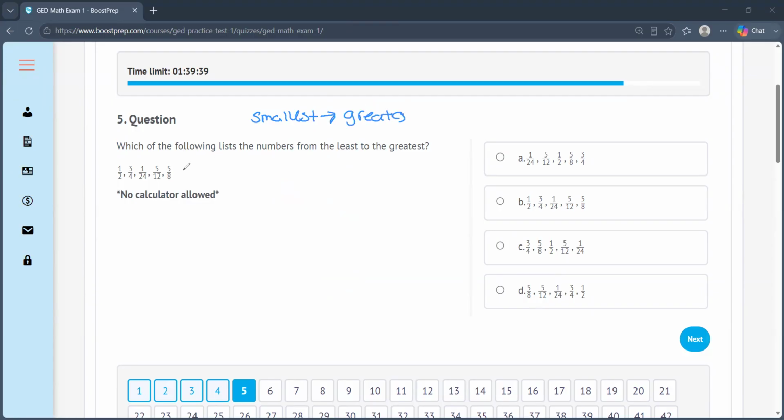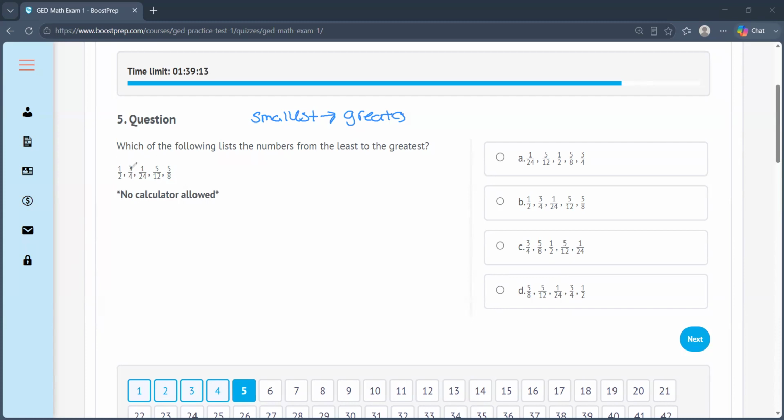I know it's a pain, but if you know some of these fractions as percentages, some of you will probably know by hand that 5/8 is the largest, and 1/2 might be the smallest. Some people can see it.